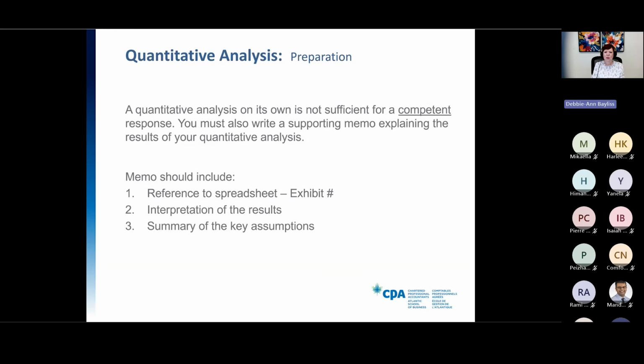Say you've used 10% annual revenue increase, but the case says that the industry annual growth rate is 5%. So that's an important factor to consider and to highlight. I would say that an annual revenue increase of 10% was used.